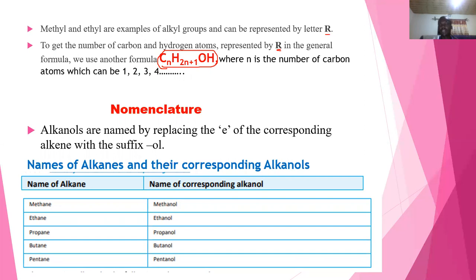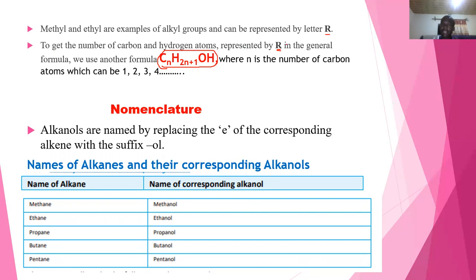Then we add the hydroxyl group. So n is just the number of carbon atoms, and n can be any whole number, that is from 1, 2, 3, 4, 5, 6, 7, 8, 9, 10 in that order.